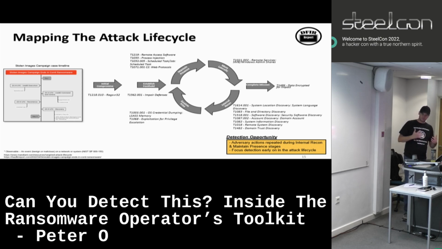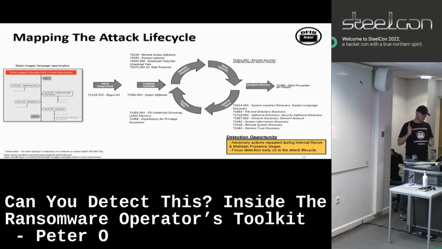So we're trying to understand where we need to invest, what techniques we see used quite a lot, and what some of the quick wins are. So understanding at the procedure level, we need to understand why the attacker is doing that, why they are using that command, why they are doing it that way, and when they are doing that as part of the attack lifecycle.